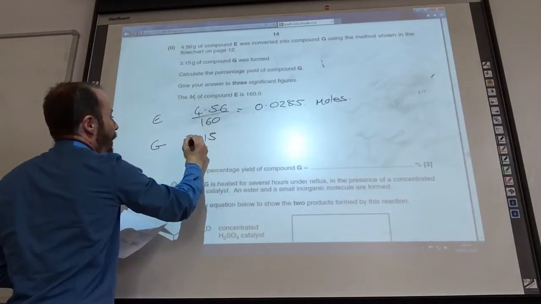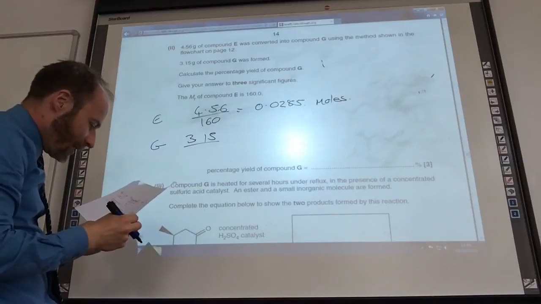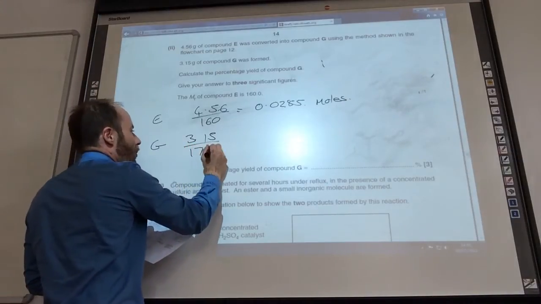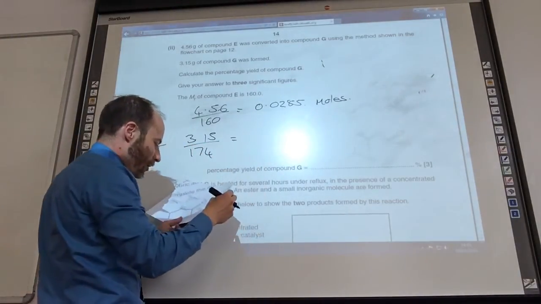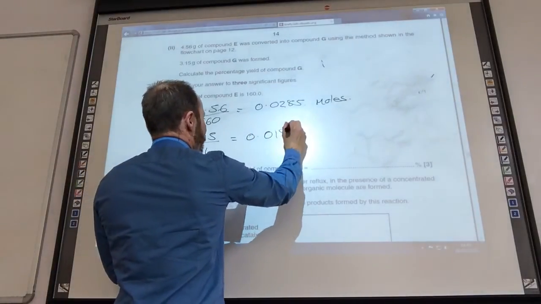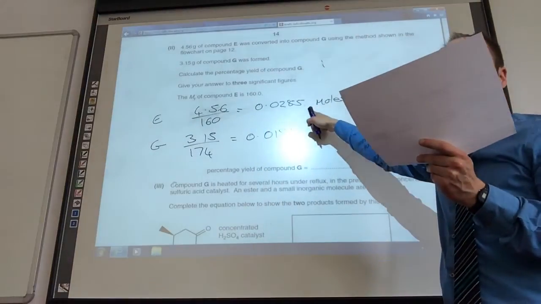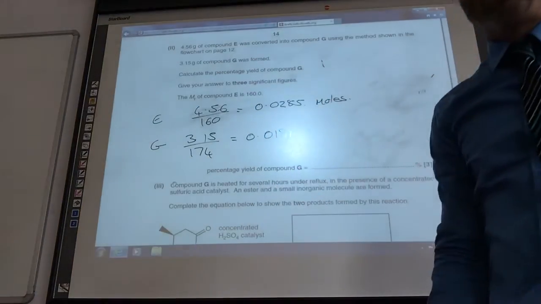It's 3.15 divided by the molar mass of G, which is actually 174, and if you do that, that comes to 0.0181. Then it's that number over that number times 100, and you should have got 63.5%.